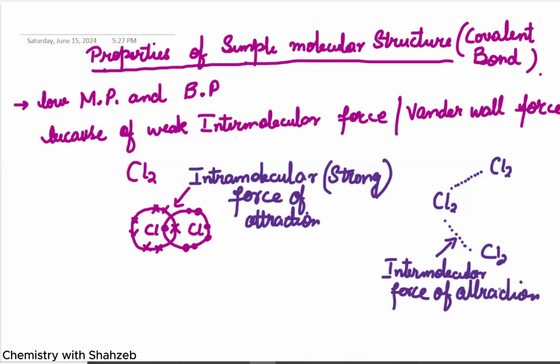We also call it van der Waals force. So this force is weak in simple molecular structure, while on the other hand, intramolecular force is quite strong. I hope this point is clear to everyone.